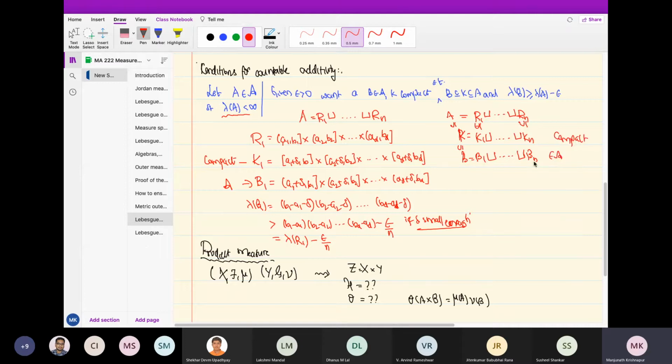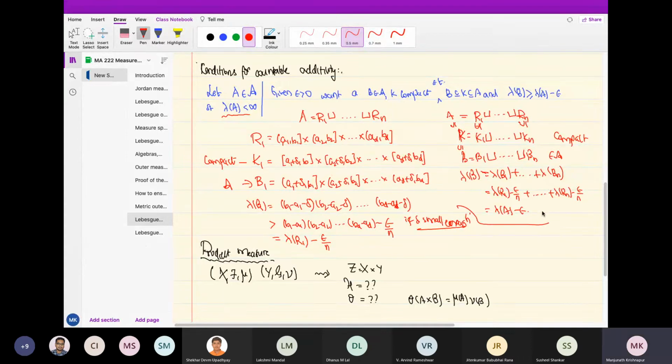This is in the algebra, since a finite union of algebra elements is in the algebra. And lambda of B is lambda of B1 plus up to lambda of Bn, and these are bigger than lambda of R1 minus epsilon by n plus ... lambda of Rn minus epsilon by n. So overall, I got what I wanted, lambda of A minus epsilon.